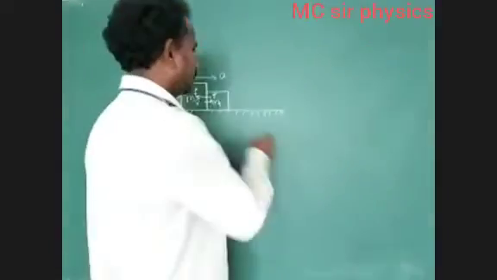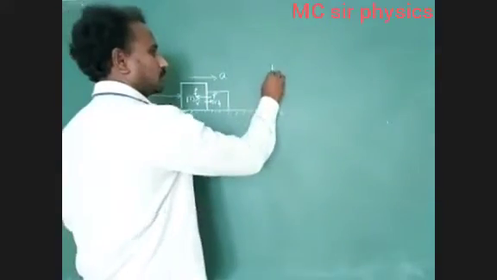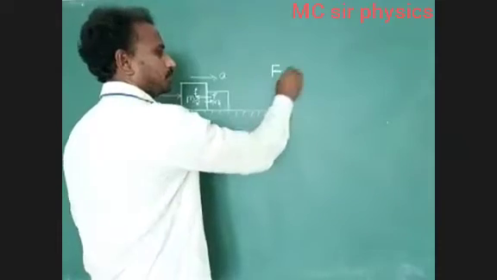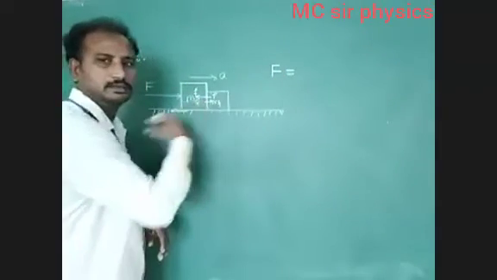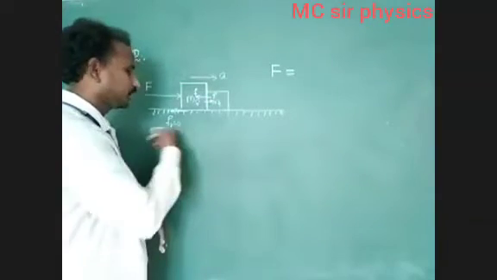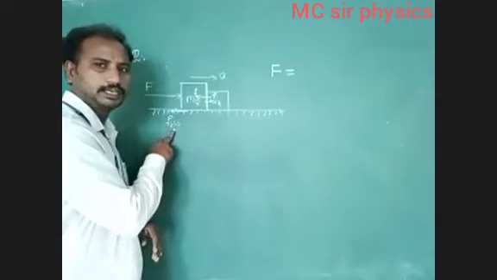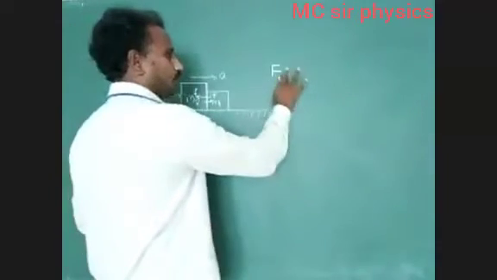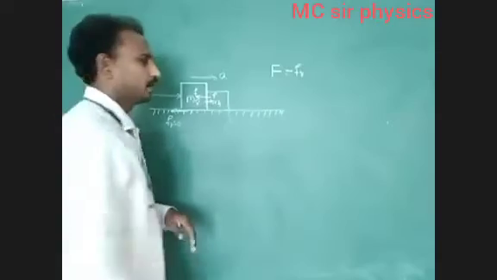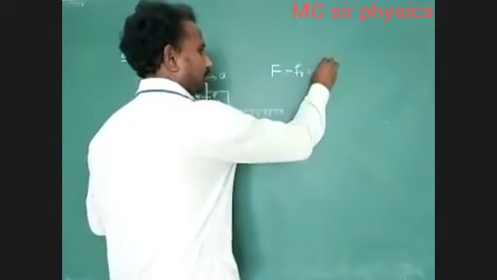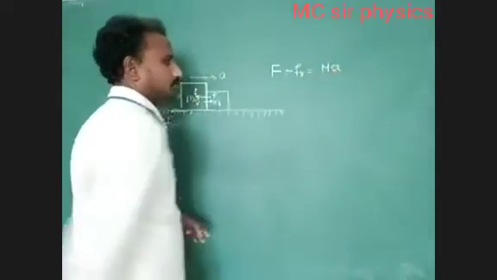And now write the external force. External force F is equal to, what is that? Another external force, frictional force. Frictional force value how much here? Consider 0. F minus Fr is equal to capital M into acceleration.